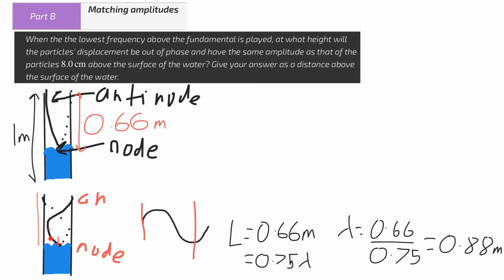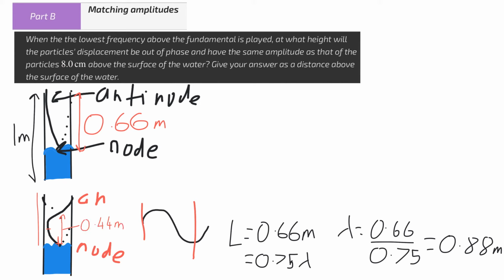The particle that will be out of phase with this bit and have the same amplitude will be this point over here. It will be 8 centimeters up from the next node. The particle we are told about is 8 centimeters above the surface, so it's 8 centimeters above the first node. The other particle we're looking for will be 8 centimeters above the second node. This is a node here. We're looking for 8 centimeters above that. This is half of a wavelength, so this length here will be 0.44 meters.